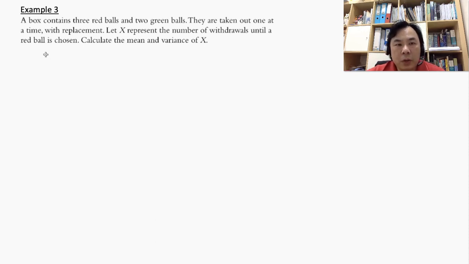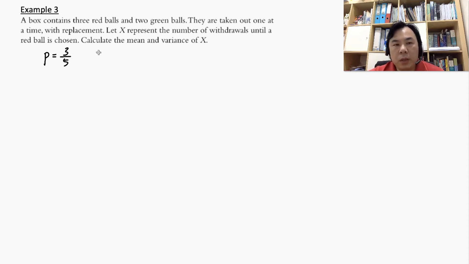Now we are going to recognize the probability of success first, successfully obtaining the red ball. We have 3 red balls out of 5 here. So the chance of getting a red ball is 3 out of 5 with replacement in this case, right?